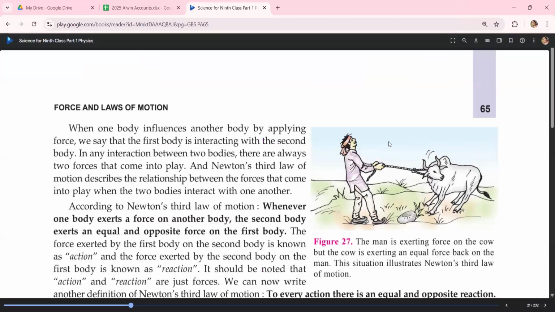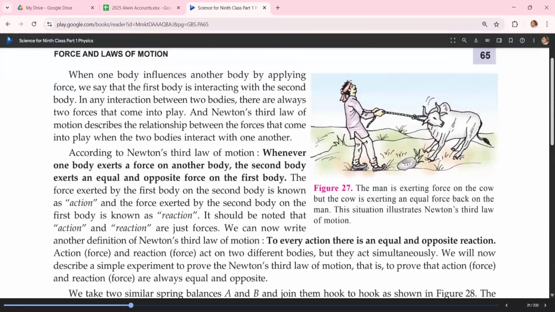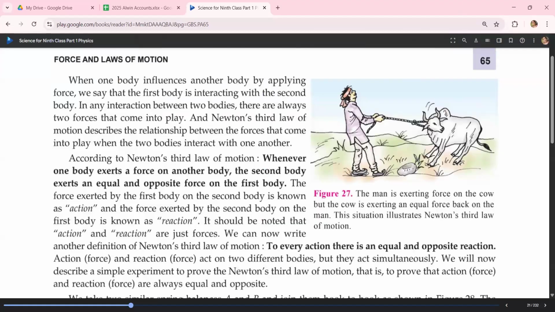Right. So see this example, next example here. The man is exerting force on the cow, but the cow is exerting an equal force back on the man. This situation illustrates Newton's third law of motion. See, this man is pulling the cow towards him, and the cow is pulling him in the reverse direction. So this kind of situation is also explaining Newton's third law of motion.